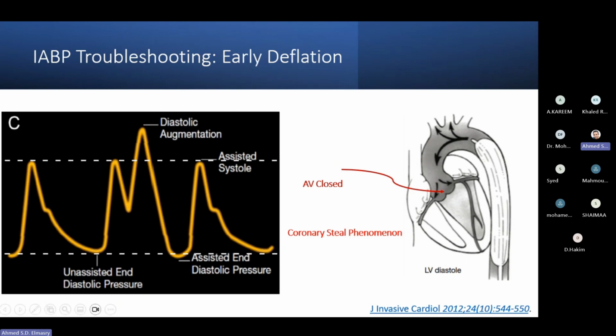The pressure here in the aorta will drop and you will get reversal of the flow because the aortic valve is closed. So the blood going to the carotid and the blood going to the coronary will have reversal of the flow, which is called coronary steal phenomenon. And this patient might develop angina and might have an ischemic event. And like that, you are not helping the failing heart secondary to acute myocardial infarction.